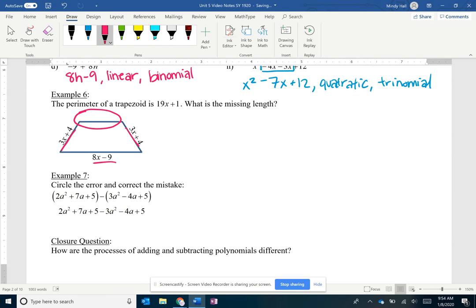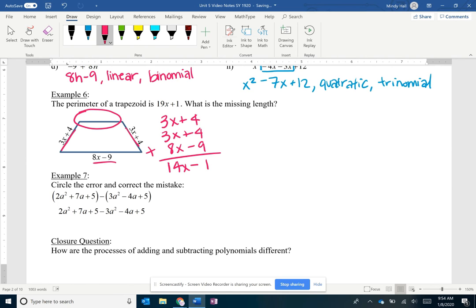So first what I'm going to do is add them all. 3x plus 4 plus 3x plus 4 plus 8x minus 9. So if I add all of these, we would have 3x plus 3x, which is 6x, and 6x plus 8x gives us 14x. And then 4 plus 4 is 8, and 8 minus 9 would give us negative 1.